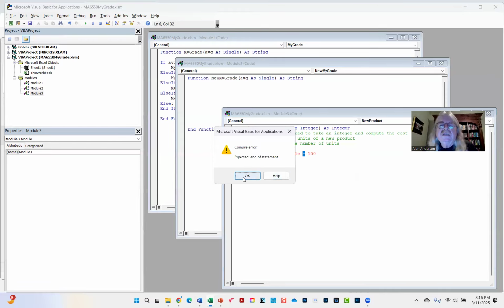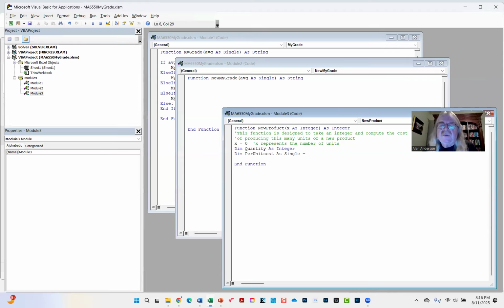No, it didn't like that. Okay, I guess you have to have a separate statement that would say per unit cost equals 100 or something like that, assuming you already know in advance that that's going to be 100. Actually, we probably wouldn't set x equal to 0 because that's what's being read into the program. So let's just leave this comment here.